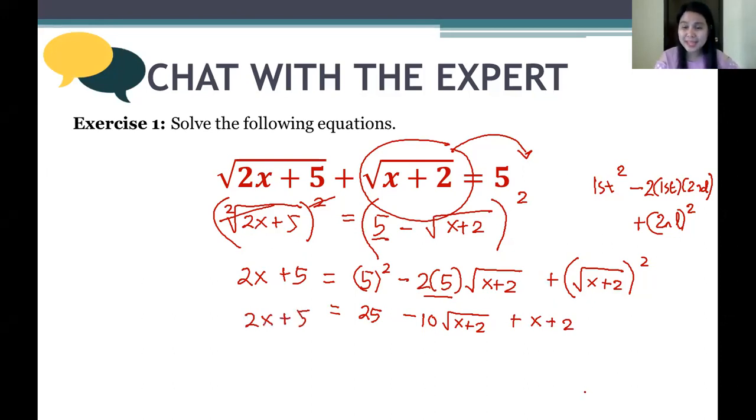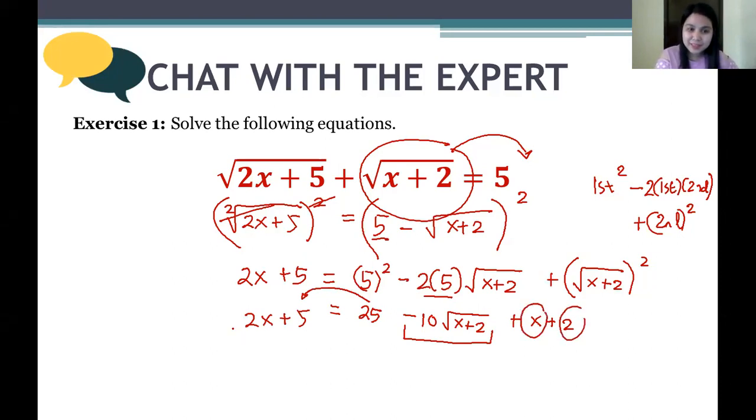Now, what do we do next? We can transfer all the numbers and variables to one side and just leave the radical on the other side. So this one will be left. The rest, transfer.